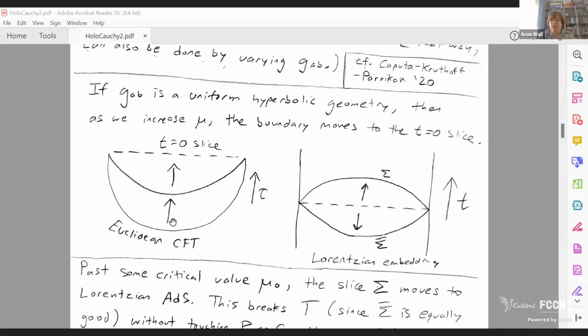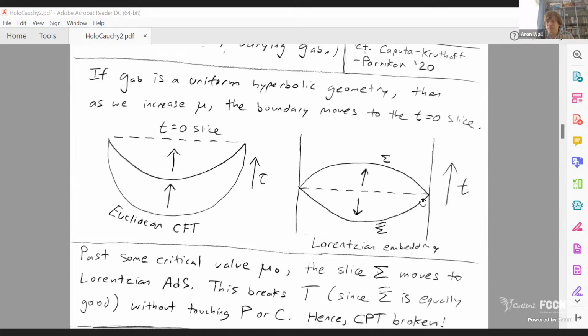What's going to happen is that as mu gets bigger, the boundary on which this theory is defined, where there's Dirichlet boundary conditions for the metric, is going to move towards the t equals 0 slice, the slice of symmetry, as we move in the imaginary time direction. At a certain finite value of mu, it actually reaches this slice. And if we make mu bigger than that, we actually end up in Lorentzian signature with a slice that bulges either to the future or to the past.